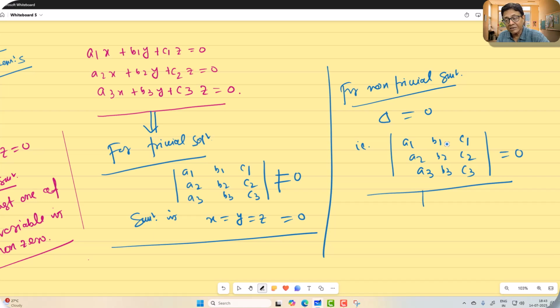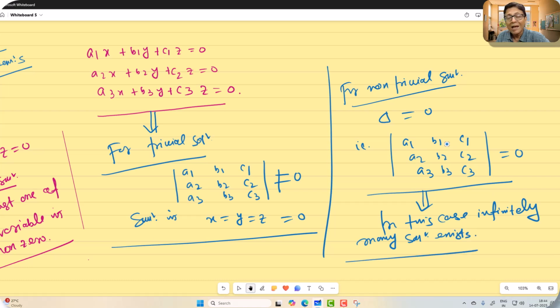In this case, infinitely many solutions exist. Actually, the way I showed you how to get them by using the value of k, that will apply here.